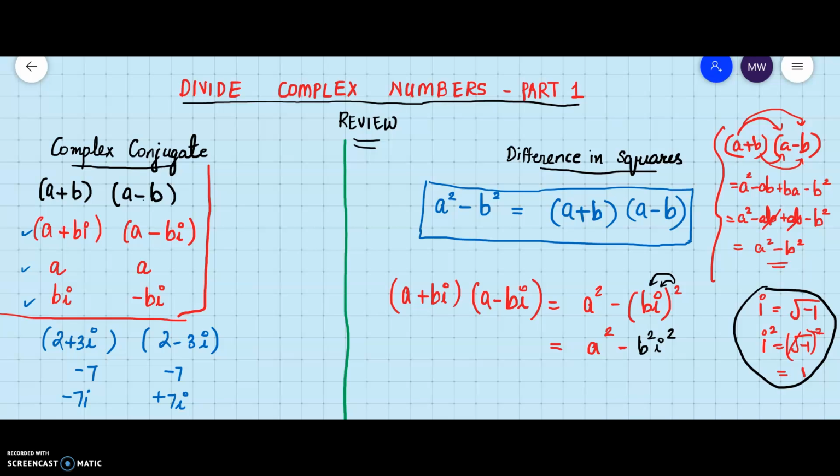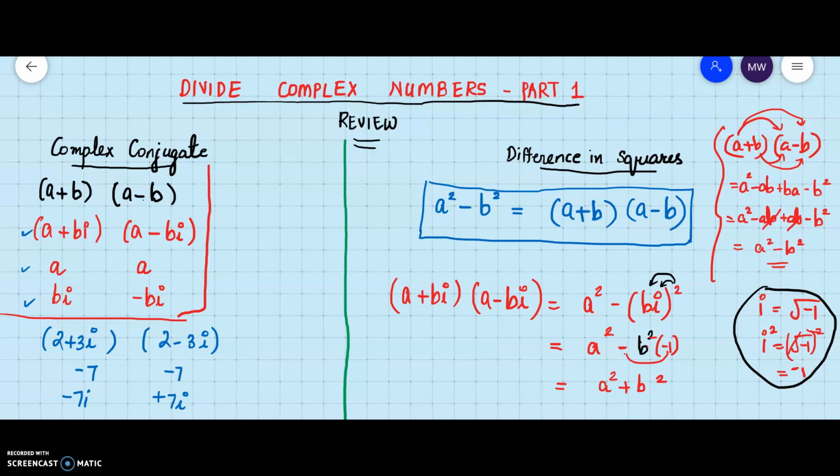I squared is negative 1. Sorry, I should have put the negative there. So we have b squared, and i squared is negative 1, and when you multiply these two negatives, it comes out to be a squared plus b squared.